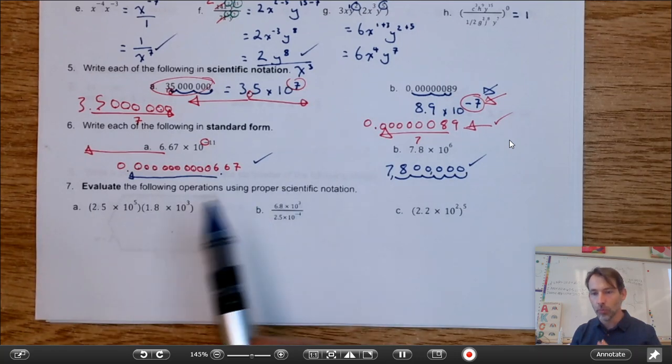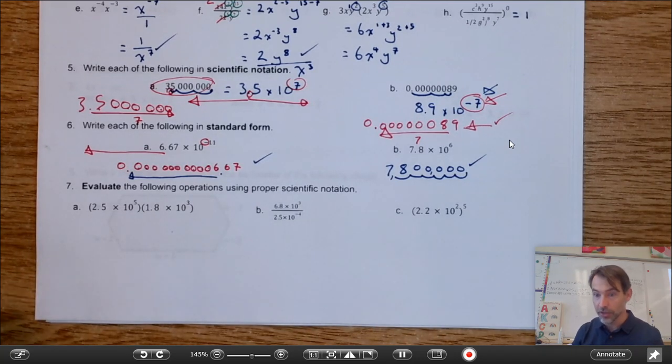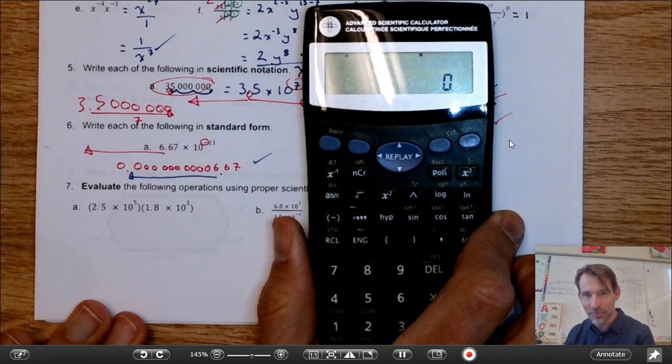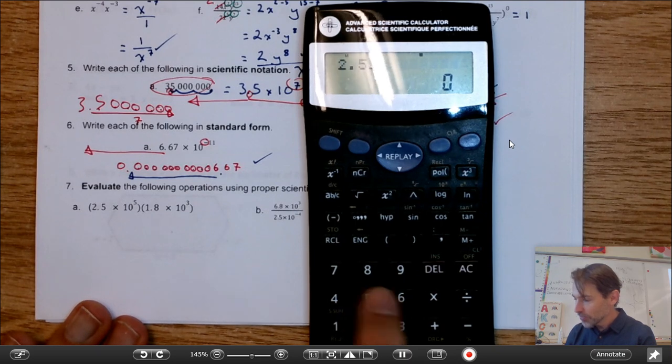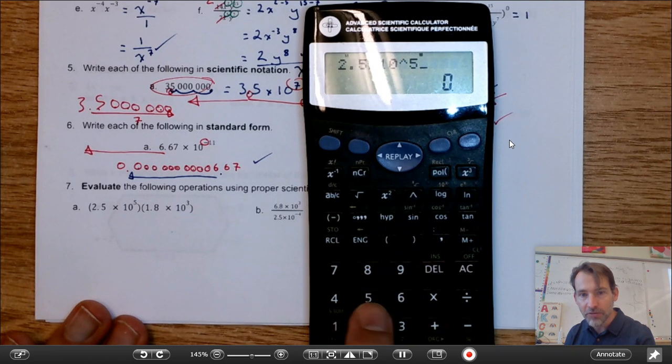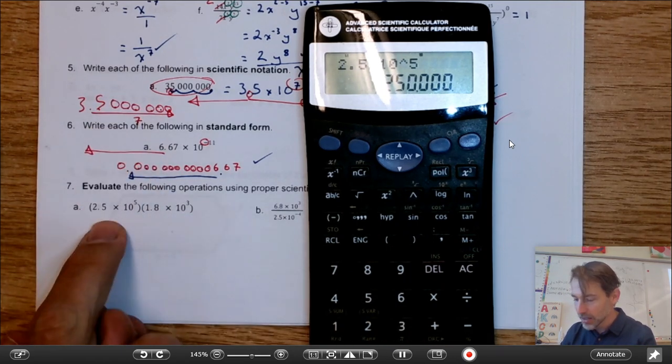Now, when you're evaluating numbers with scientific notation, there are some nice shortcuts available. Or you can just button mash on your calculator and do it correctly. Okay, so you want to have both skills because one you could use to test the other. 2.5 times 10 to the 5 equals that number.